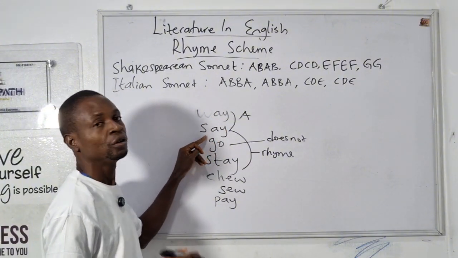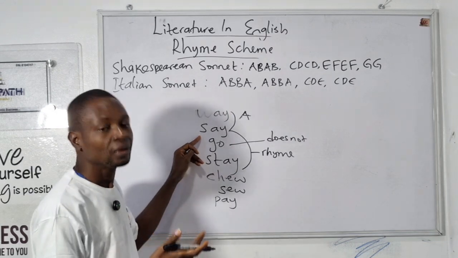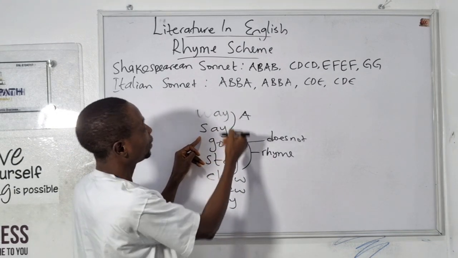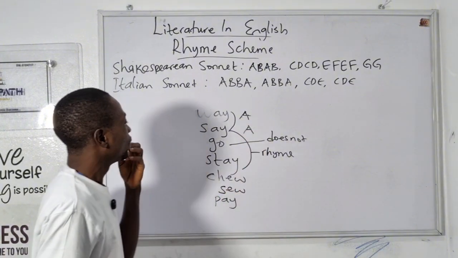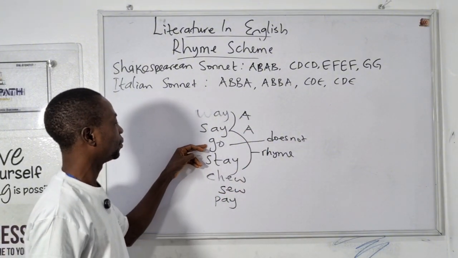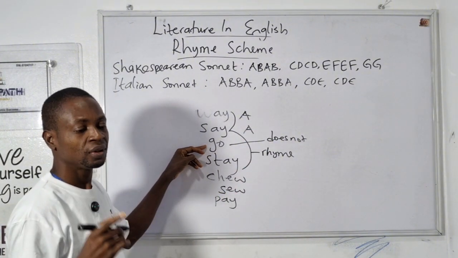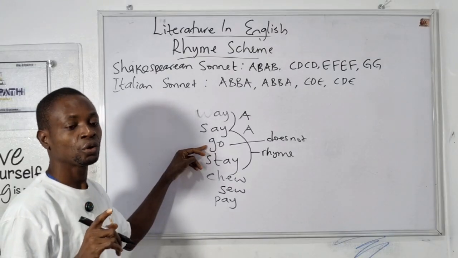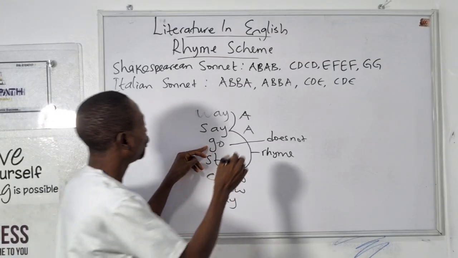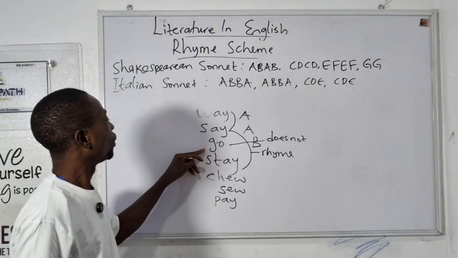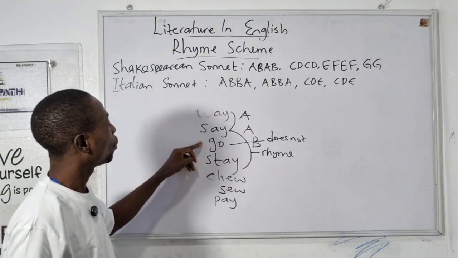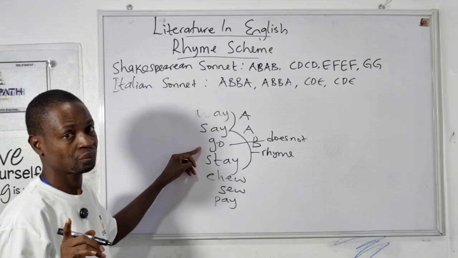A. You still name the second one A because they have the same A sound. Then this is the third word. Go. This one has the O sound. So you are going to name it B because it has the O sound.